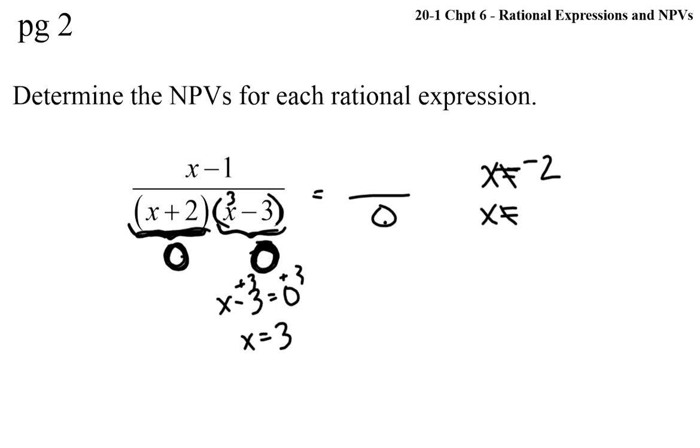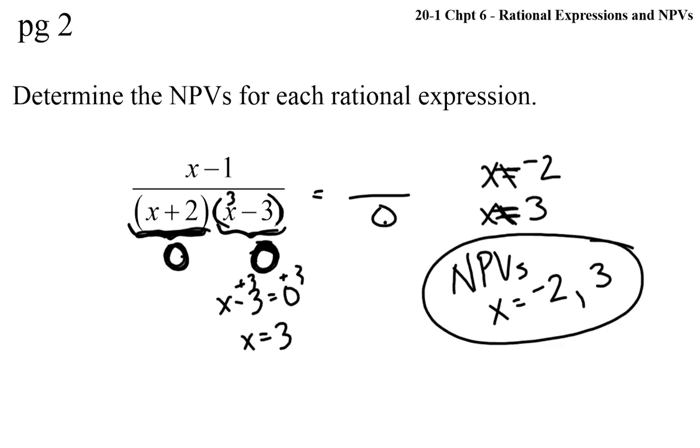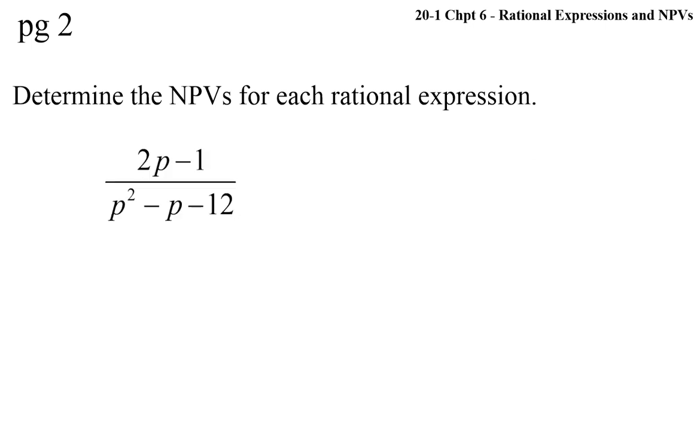So x can't equal 3 either. So because x can't be negative 2 or 3, the NPVs for this situation are x equal to negative 2 and 3. Those are the non-permissible values. We can't work with that expression if x is negative 2 or 3. So hopefully you start to get the idea.